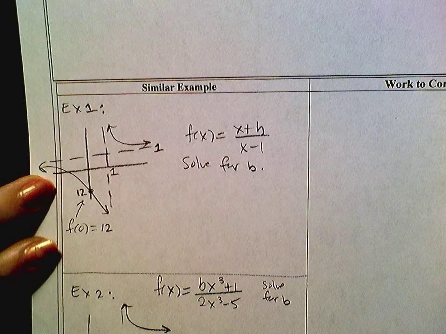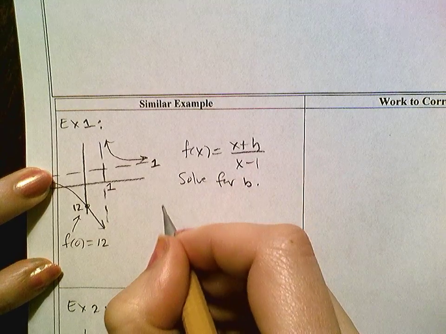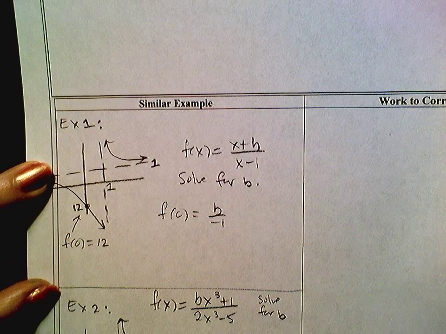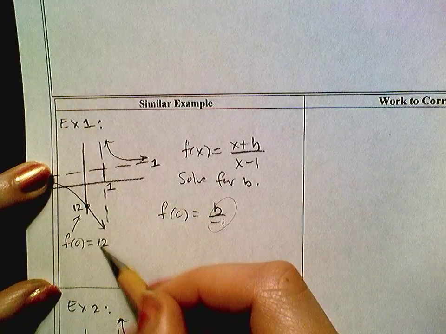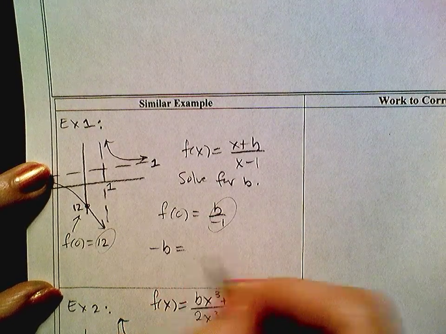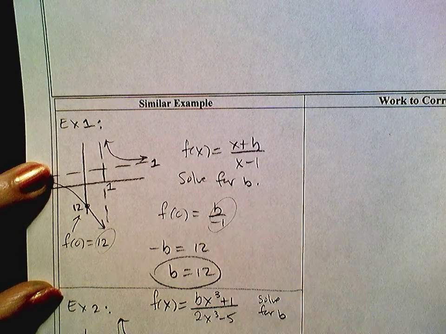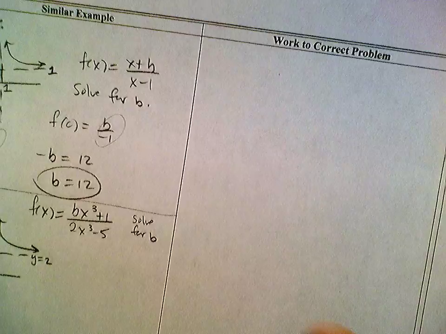So let me do f of 0. If I plug in 0, I get f of 0 equals b over negative 1. So this has to be equal to 12. So I get that negative b equals 12, so b equals negative 12. Okay, now this one.